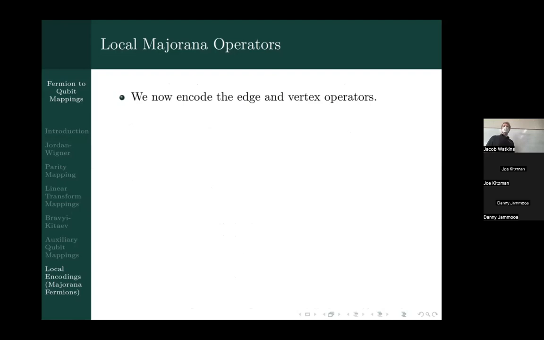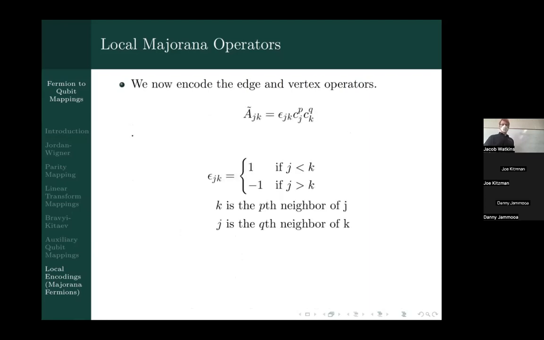And now we need to encode the edge and vertex operators in terms of these local Majoranas, which are Pauli strings. Basically, this will soon become more intuitive.